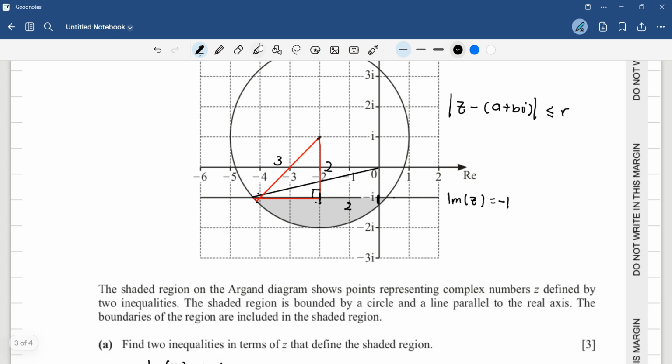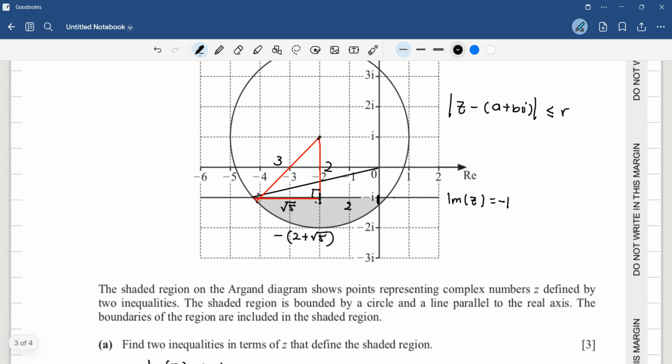Therefore the total distance from this point all the way to this point will be 2 plus square root of 5, and since it is on the left-hand side, it will be negative.